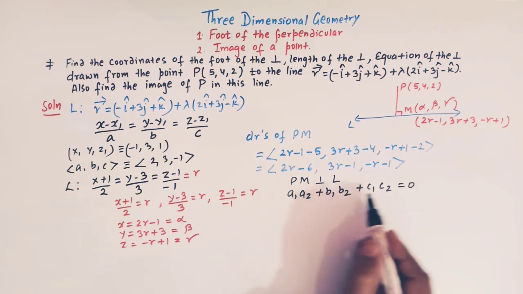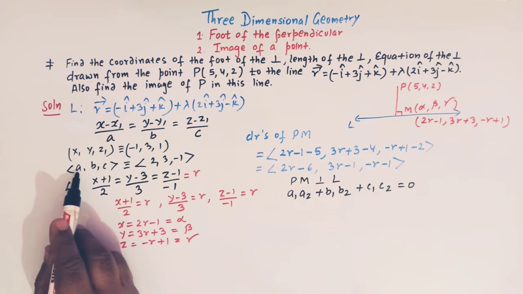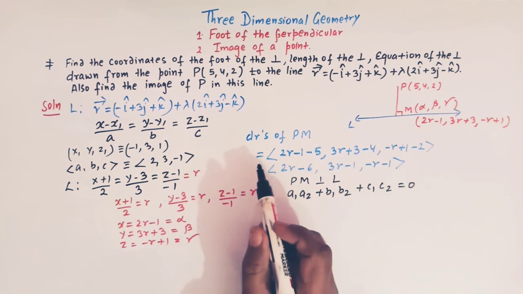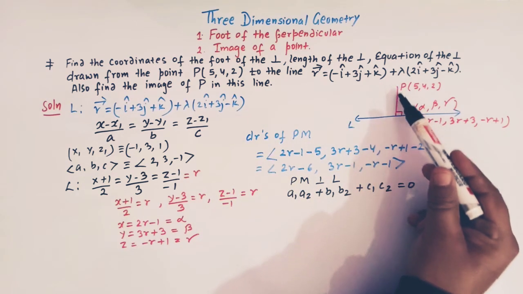So a1 b1 c1 are the DRs of the line, and a2 b2 c2 are the DRs of this line PM.